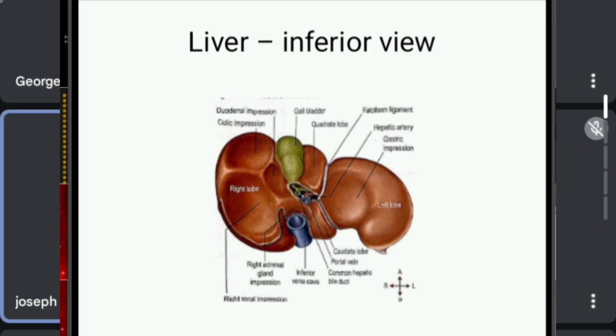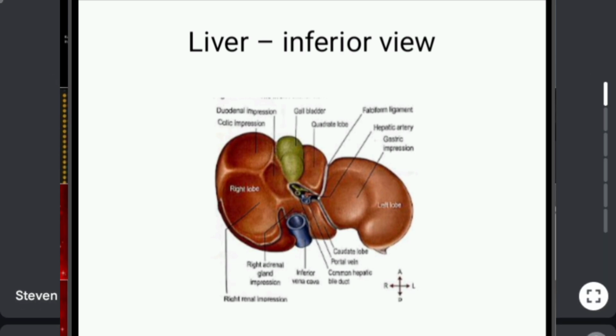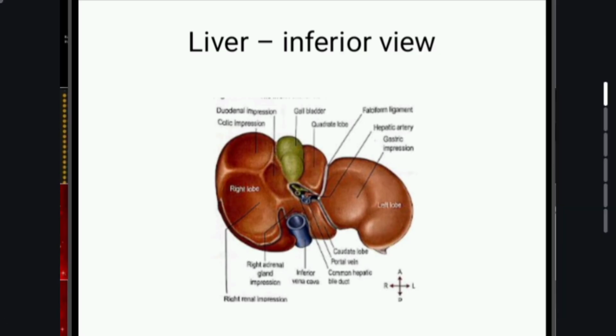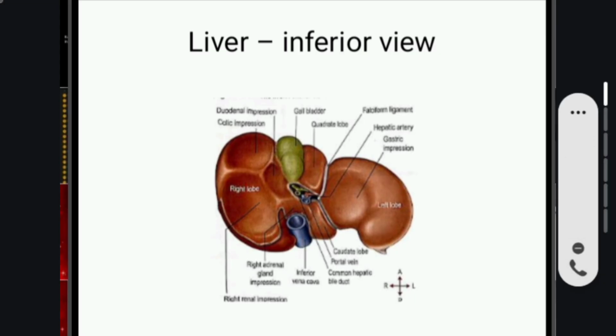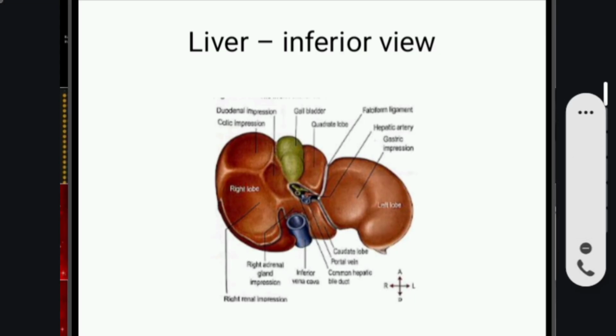You have to look at it grossly. Likewise, with the other area, you can see the gastric impression is where it's coming in contact with the stomach, so it will form a slight depression. Then you can see the right adrenal gland impression.